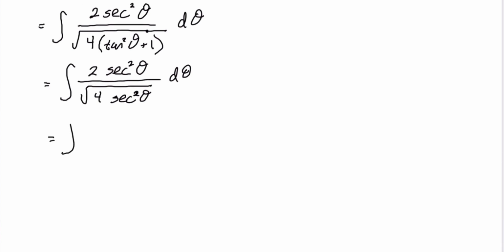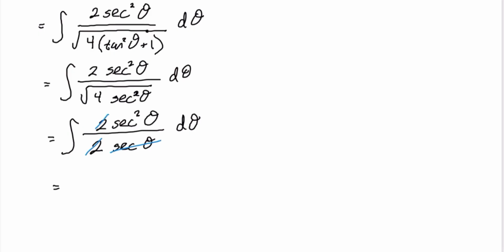Next, we'll simplify the denominator a bit. Again, just copying the top. The square root of 4 is 2. The square root of secant squared theta is secant theta. d theta off to the side. Now we can reduce a tiny bit. The 2's will go away.